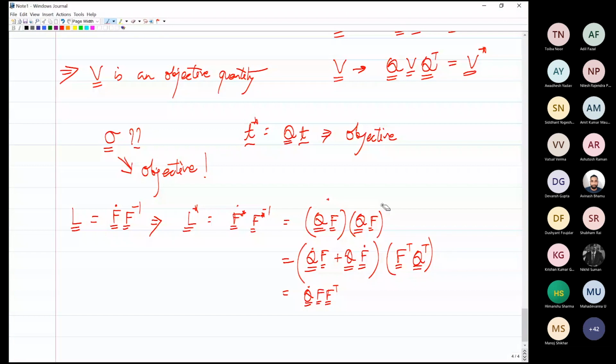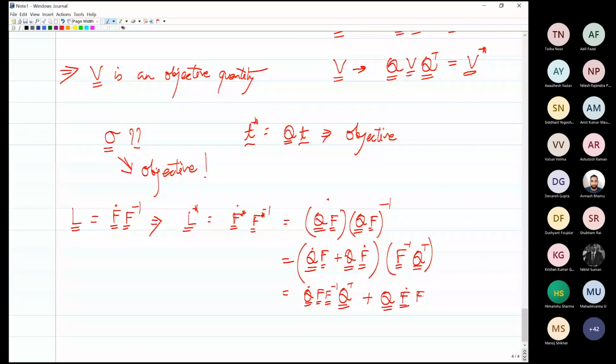So we have here F inverse, and Q inverse is the same as Q transpose. So we have here F inverse into Q transpose plus Q times F dot F inverse into Q transpose.